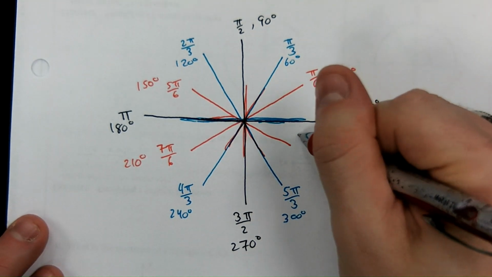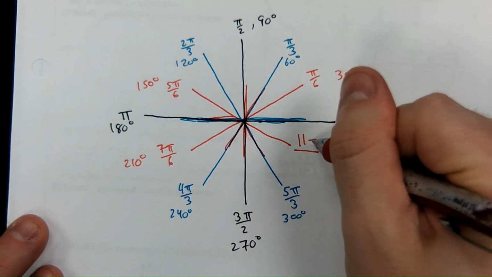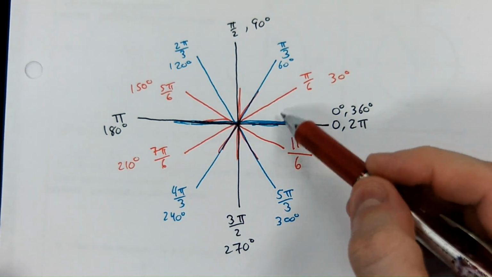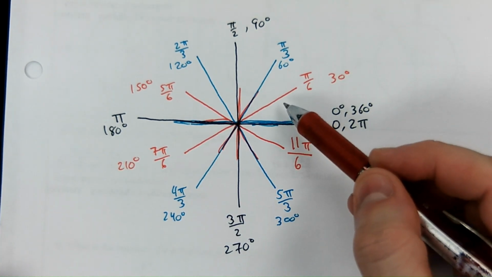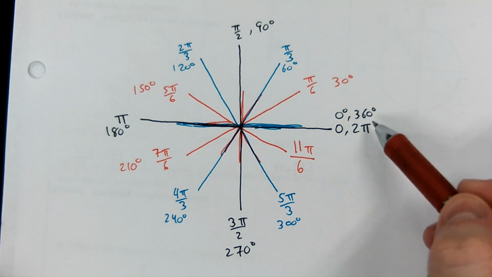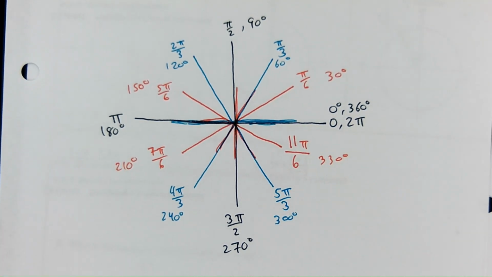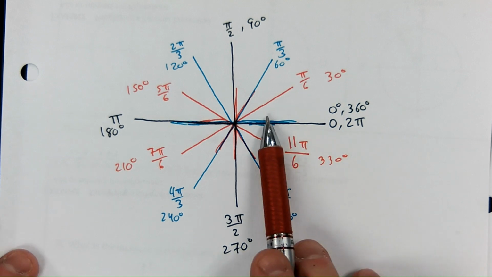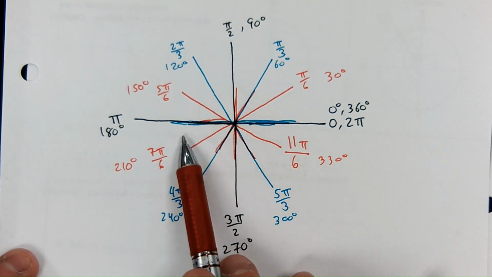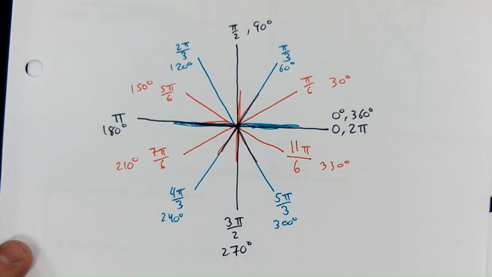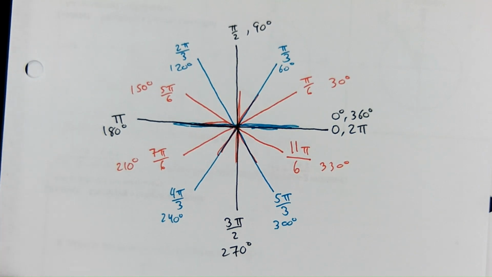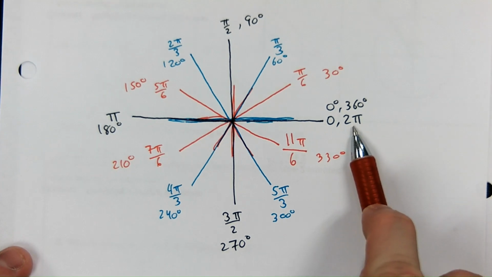And if this is 30 degrees after 0, this is 30 degrees before 360 degrees, that's 330 degrees. Look how many red slices there are. 1, 2, 3, 4, 5, 6, 7, 8, 9, 10, 11, 12. Why? Because there are 12 sixths in 2.